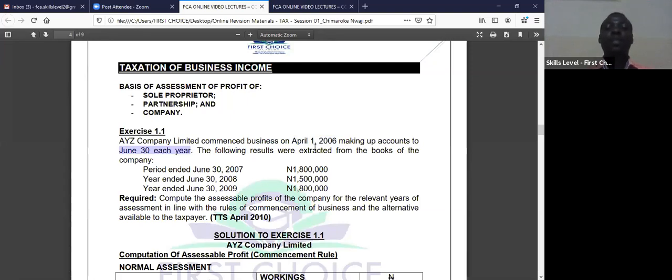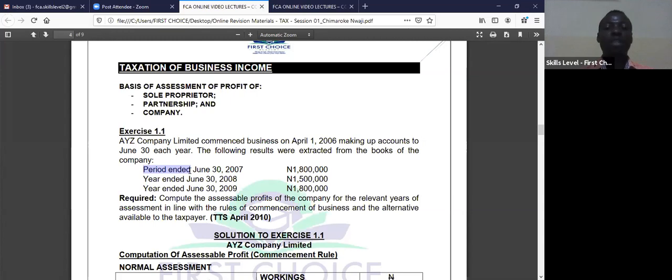Now look at the results that were extracted from the books of the company. Now you see they said period ended 30th June 2007. It shows that they will be giving you accounts ending in 30th June. Now when you see the words period ended or period to, have it in mind that this period is not 12 complete months.